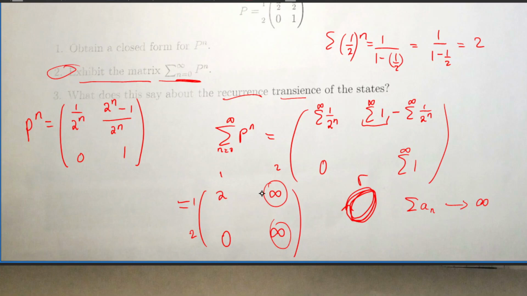And moving from 1 to 1, when you go from 1 to 1, you stay at 1. Basically, from 2 to 1, you stay at 2. So this is a transient case where the sum of a_n is less than infinity. So this is the comment that you would give on this question here.